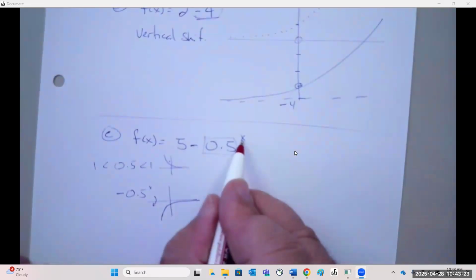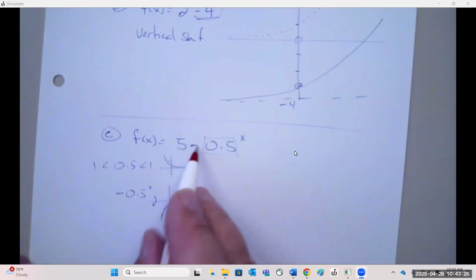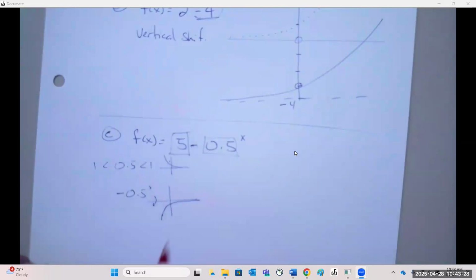It doesn't change x. X's are still where they are. It just changed the answer. And there's a vertical shift of 5 up.